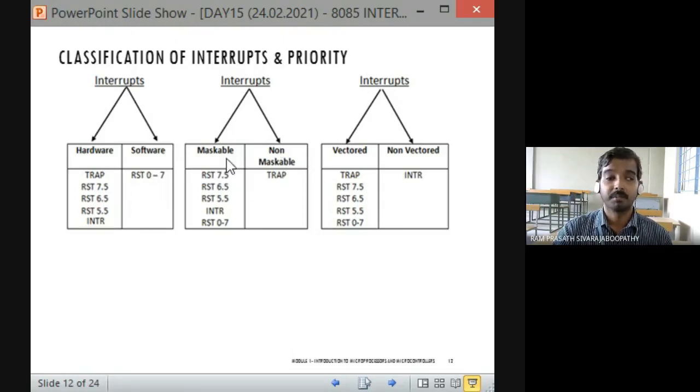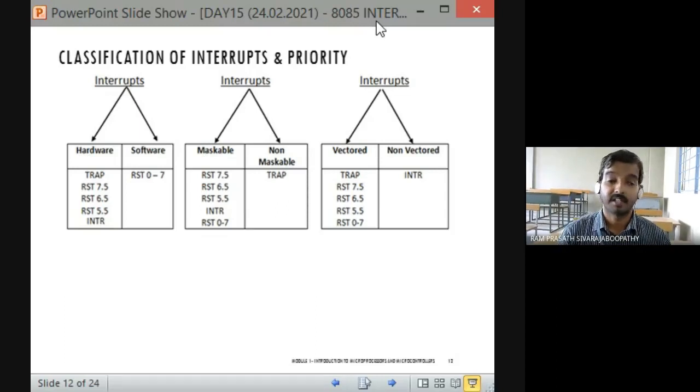Then based upon the masking property, interrupts are classified into maskable and non-maskable. Except trap, all are maskable interrupts. Coming to the vectored or non-vectored classification, except INTR, all other interrupts have a vector address. Is the classification clear to all of you? Any doubts? When we say hardware, what is the meaning? Physical pins will be there.